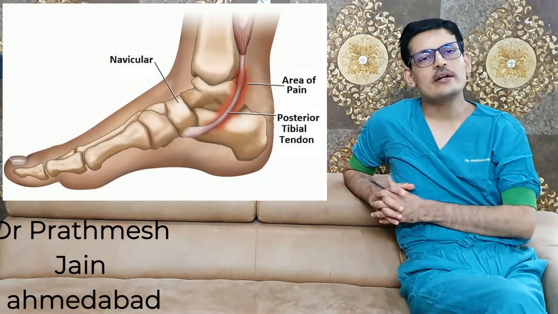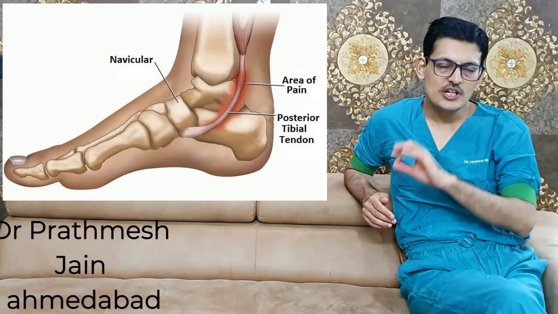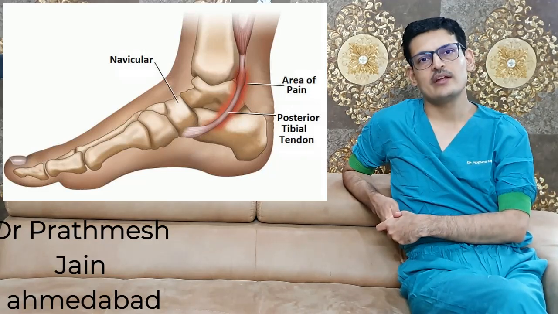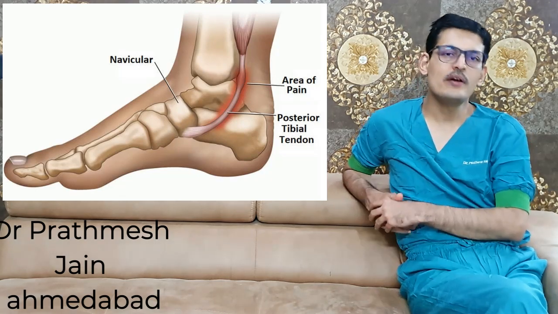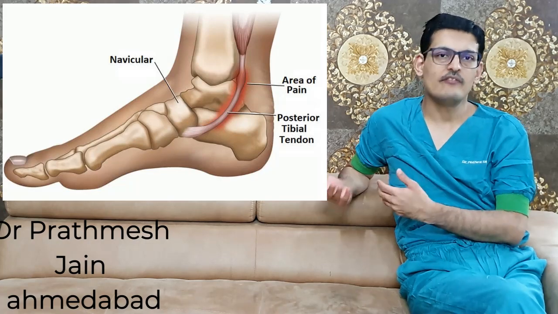And now the very important reason: occasionally, if you give any steroid injections just below the medial malleolus, that can also lead to weakening of the tibialis posterior tendon and an acquired flat foot deformity. So that is also a thing that you should remember.